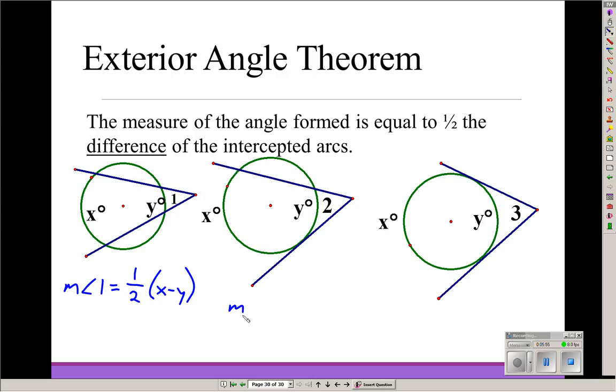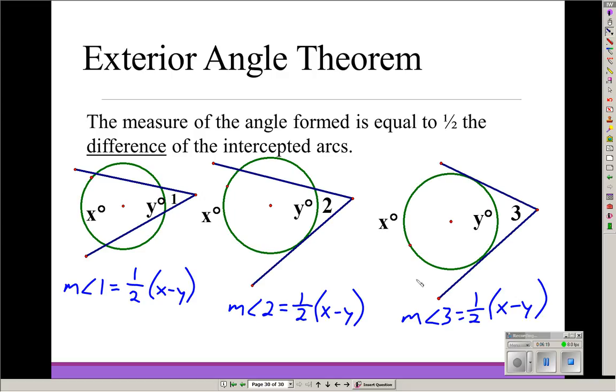Measure of angle 2 is also half of x minus y, half of the difference. X is the larger arc, y is the smaller arc. And the measure of angle 3 is the same thing. It's half of the difference, x minus y.